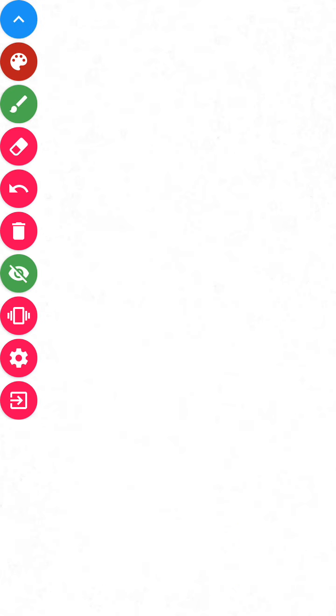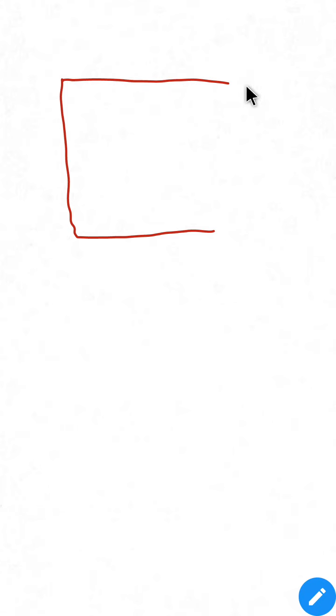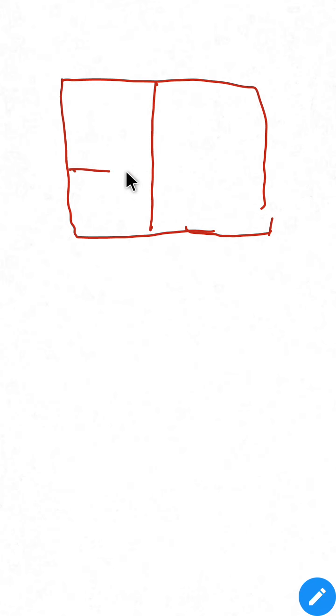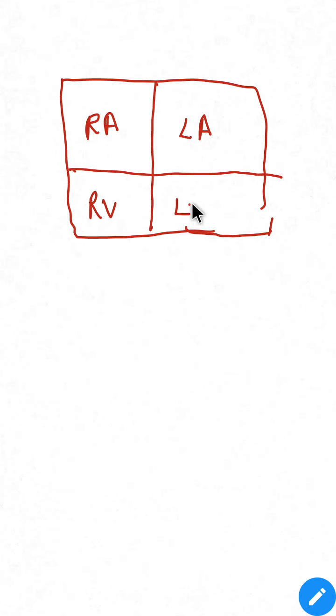Let me help you remember these 4 components. Let us assume that this is the heart. The heart has 4 chambers: right atrium, left atrium, right ventricle, left ventricle.